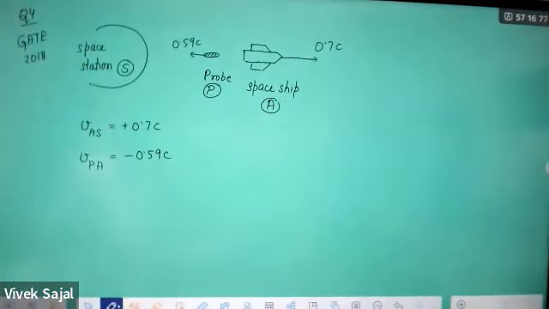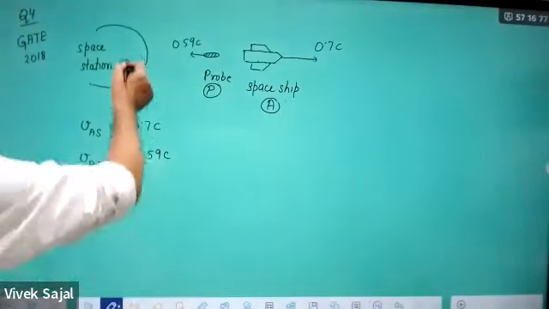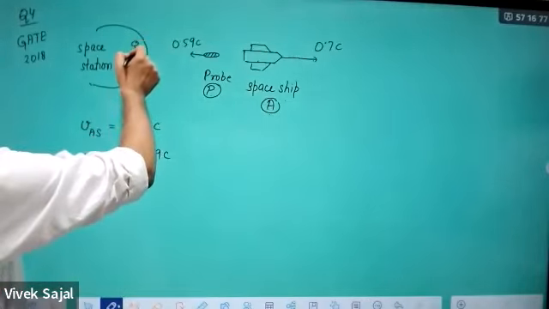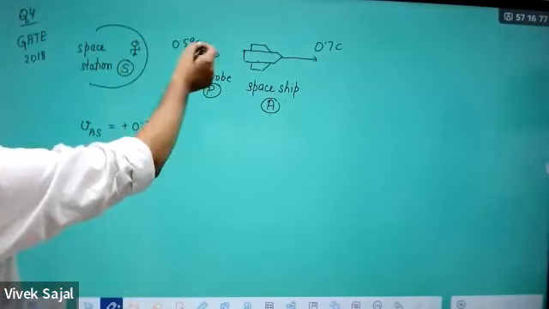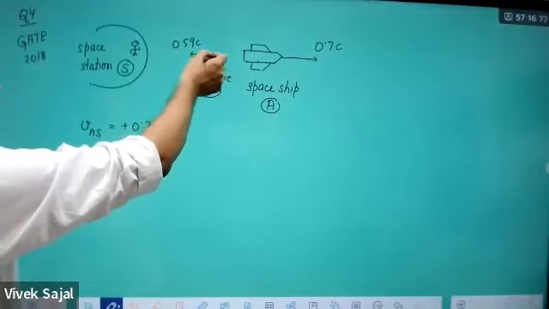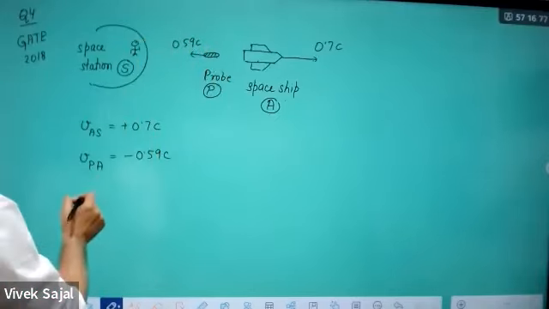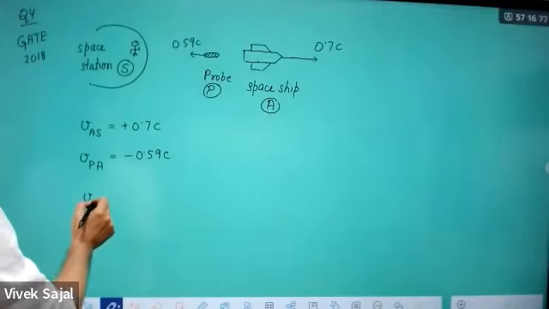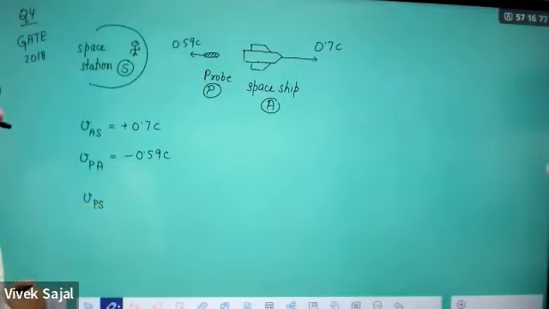A person in the space station would see the probe moving at a speed of x times c. So there is a person here. You want to find out the velocity of this probe with respect to the space station. What is your objective? Velocity of the probe with respect to space station.